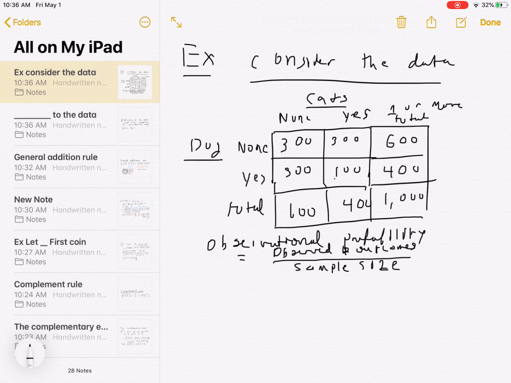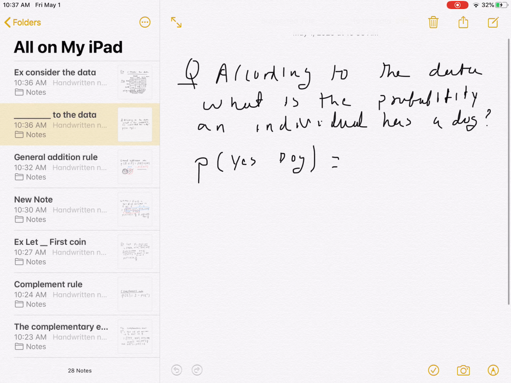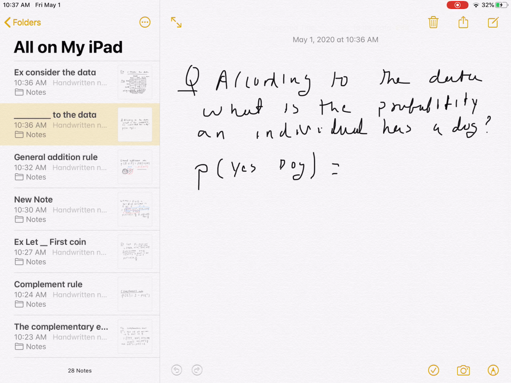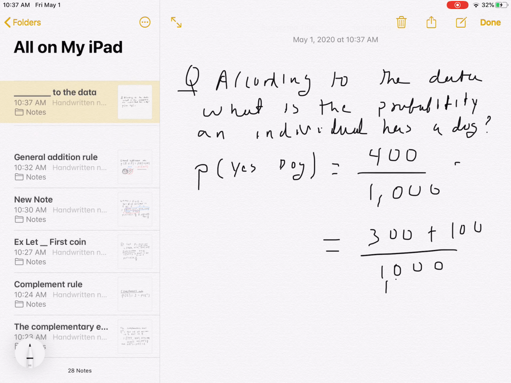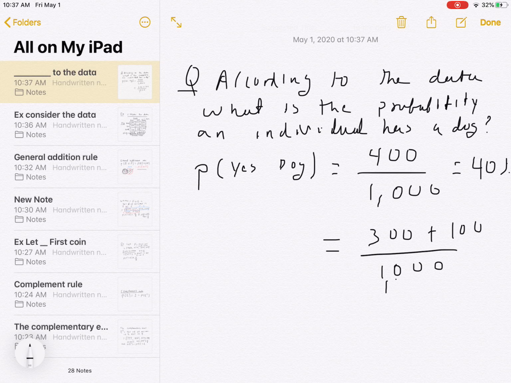But all we care about is the fact that they have a dog. So that's going to be 400. So it's going to be the 400 divided by 1,000. I could write that as 300 plus 100 over 1,000. Okay, so 40%.